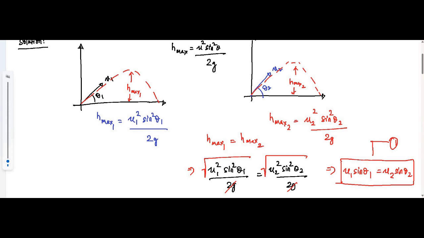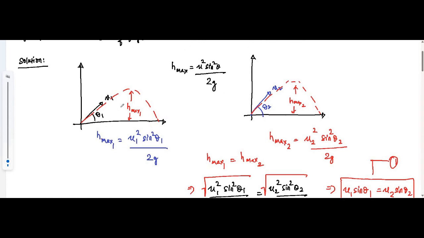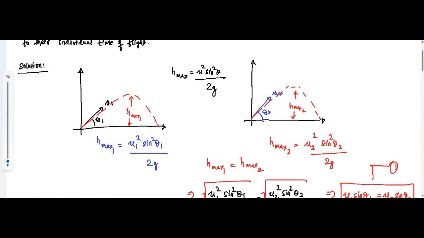This is very important. Now, if you remember, we have not solved any question related to this important parameter, which is the time of maximum height. It means for angular projection, how much time the projectile took to reach the highest point, the peak point. This is called time of maximum height.